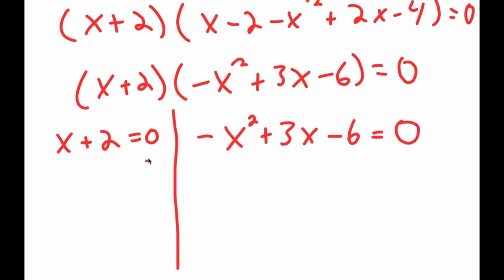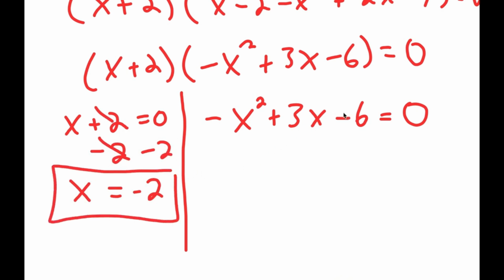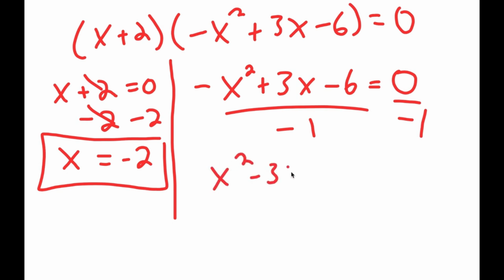So to start, for x plus 2 equals 0, this is fairly simple. All I have to do is subtract 2 on both sides, and I get x is equal to negative 2. Now for negative x squared plus 3x minus 6, I'm going to first start by dividing both sides by negative 1. And now I get x squared minus 3x plus 6 is equal to 0.